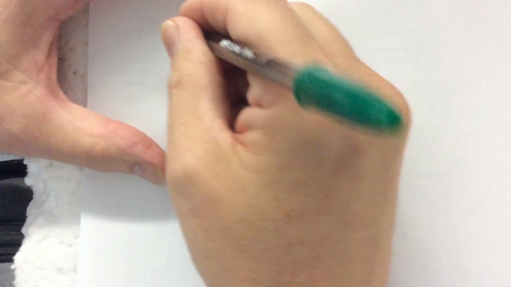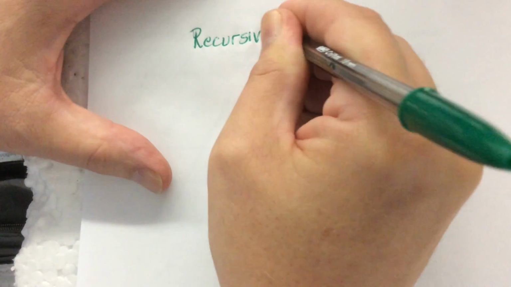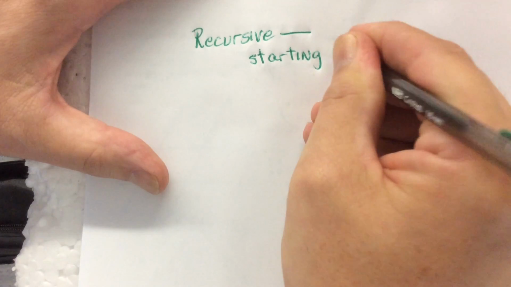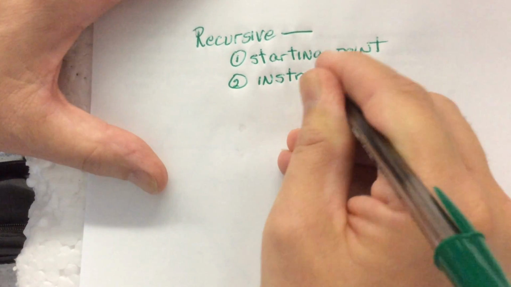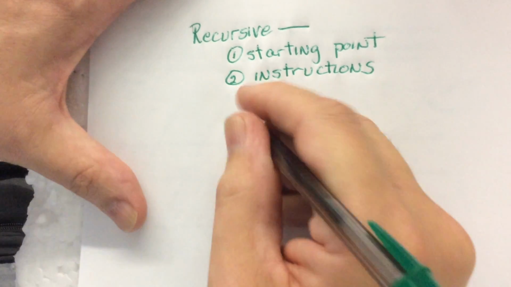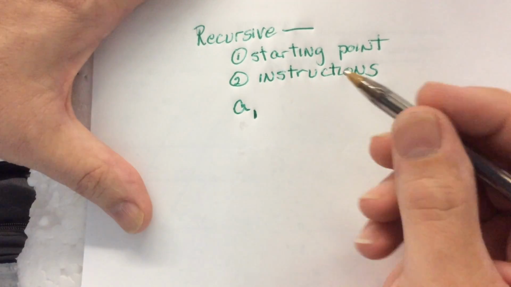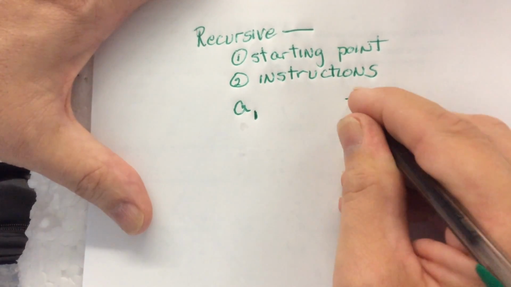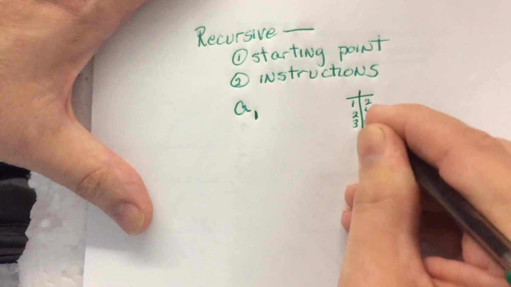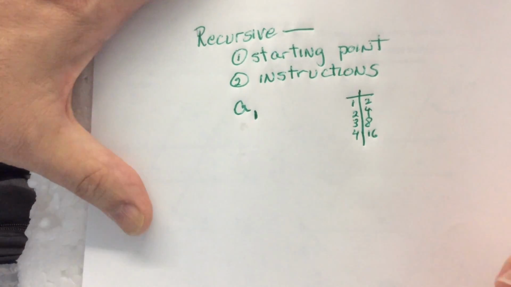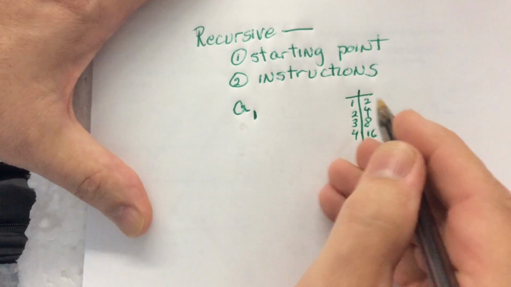The difference between a recursive and an explicit, it's important to understand what they are. Recursive means you have a starting point and then you have instructions on how to find the next number. So in order to do a recursive, you need 2 things. The first thing you're going to need is a starting point. The one we just did looked like this. So a1 is 2.